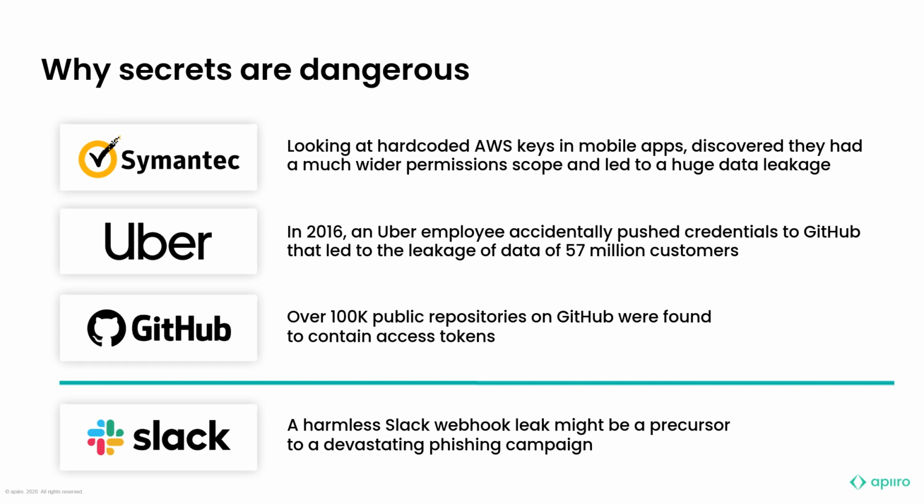Now, while those examples are something live that actually happened in the past, I would like to also cover at least one hypothetical example where a lot of customers don't deem a Slack webhook as something that's secret. This is an example where the implication is sometimes a bit hidden and looks harmless, but might be something much bigger, because something like a Slack webhook that only lets you post messages to a designated channel actually might lead to a phishing campaign.